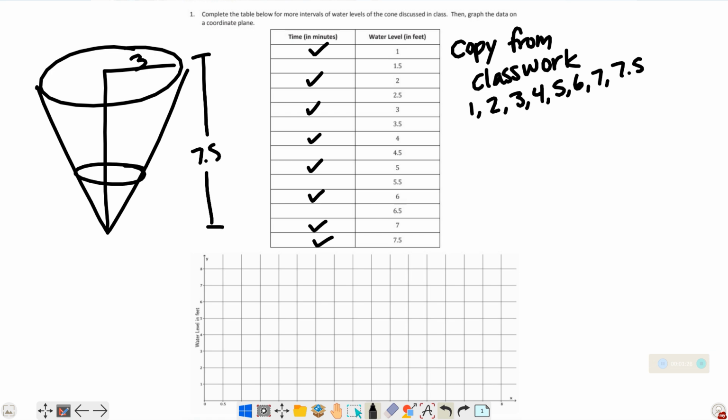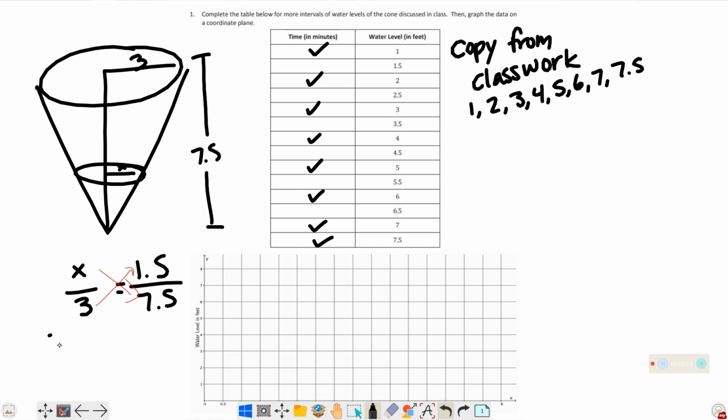So if the height was 1.5, we're going to compare it to the original height, which is 7.5, and we are going to figure out what the unknown radius is for this small part based on the entire radius of the whole. The way that we are going to solve is we will cross multiply to create an equation.